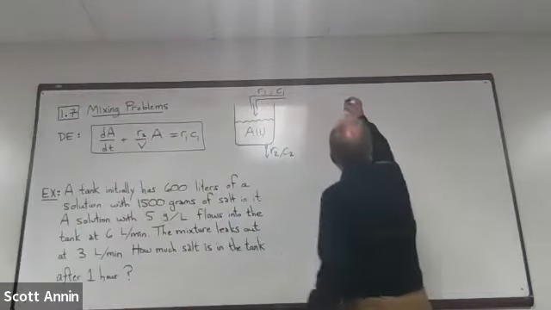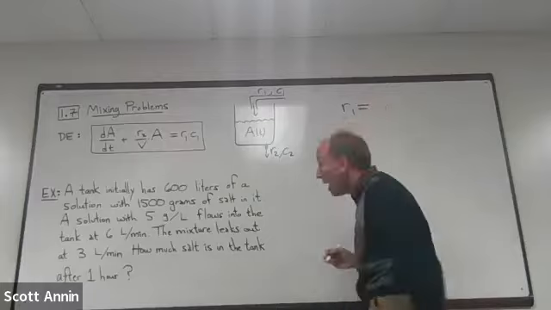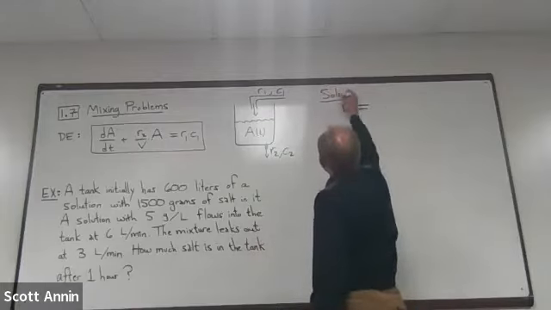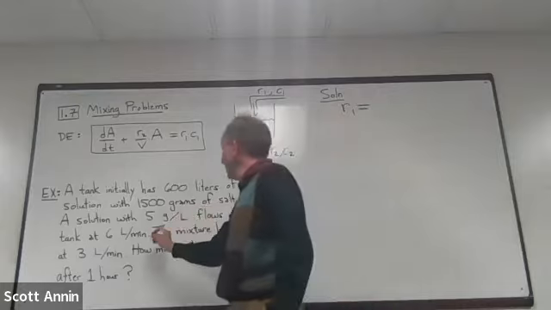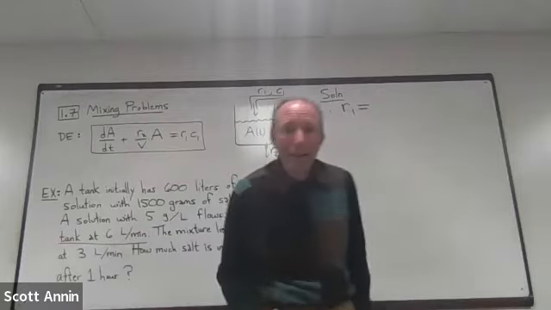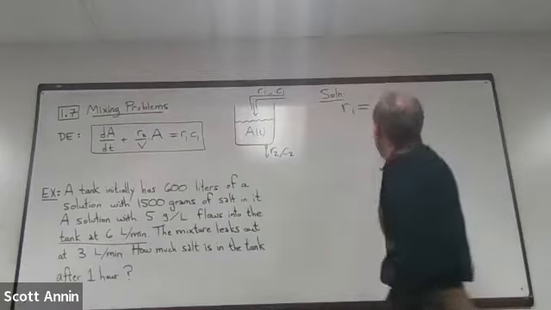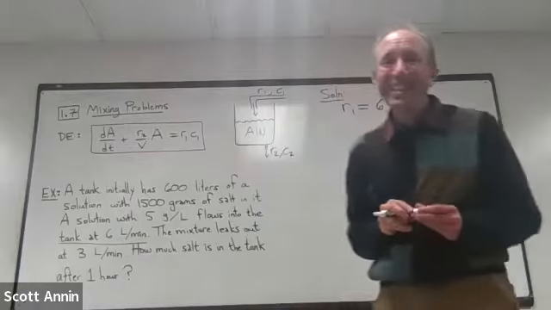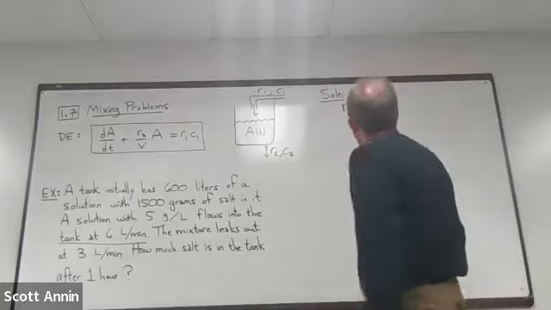Well, the R1 in this problem is the rate of inflow to the tank, and that's given right here, right? 6 liters per minute. That's how fast the faucet is pouring the solution into the tank.